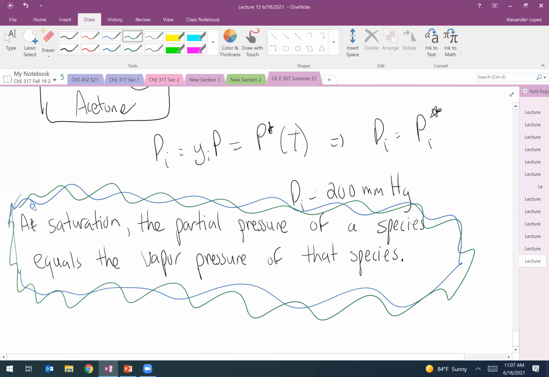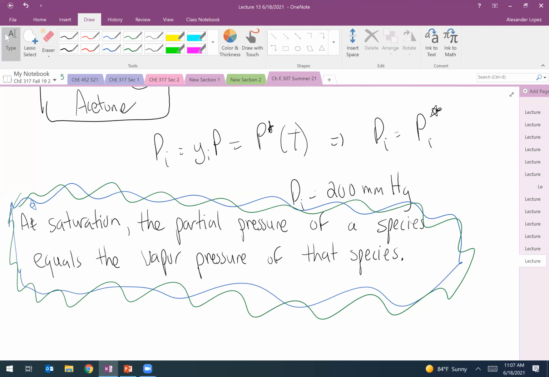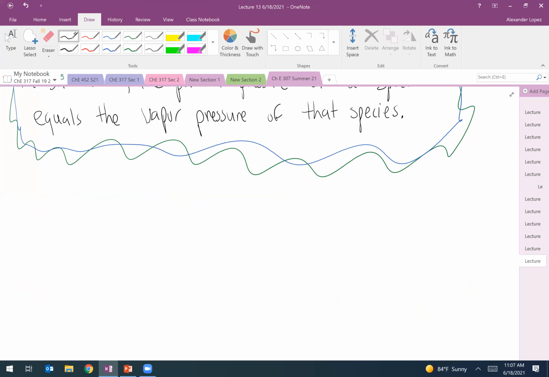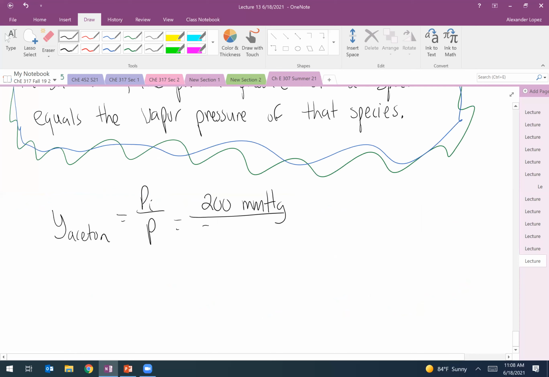All right. The second part asked, what was the partial pressure of nitrogen in the system? Knowing the vapor pressure of acetone, I could find the mole fraction of acetone as the partial pressure over the total pressure, or 200 millimeters of mercury over 960 millimeters of mercury.